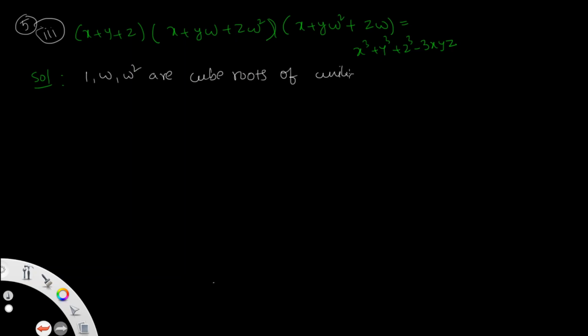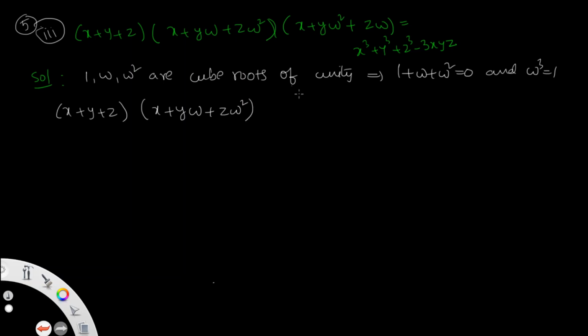That implies 1 + ω + ω² = 0 and ω³ = 1. Then the LHS we can write as the same thing: (x + y + z)(x + yω + zω²)(x + yω² + zω), and we have to prove the RHS part.